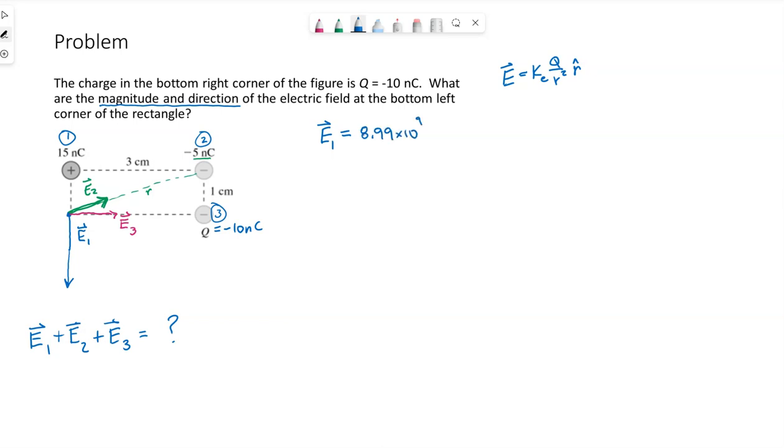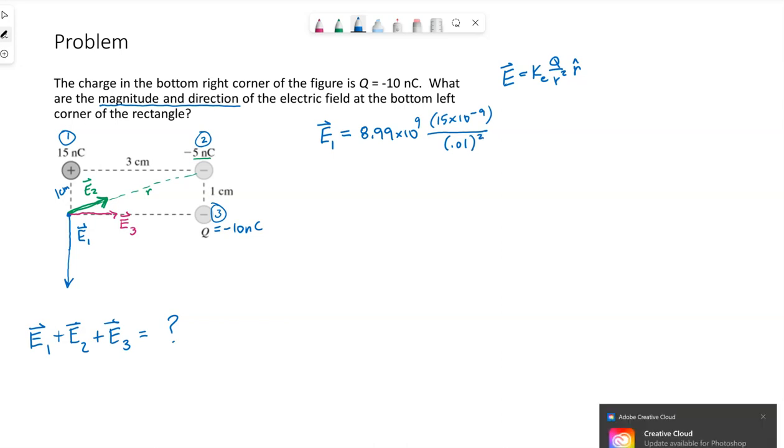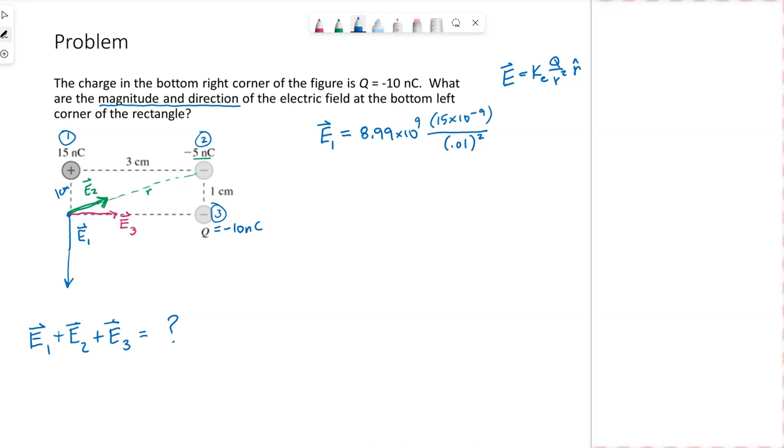So k is this constant, 8.99 times 10 to the 9. The charge, q1, is the 15 nanocoulombs. I do need to put the nano, 10 to the negative 9. The distance between the 15 nanocoulomb charge and the point we're trying to find the field at is 1 centimeter, which I do want in meters, again, for my units to come out as newtons per coulomb.